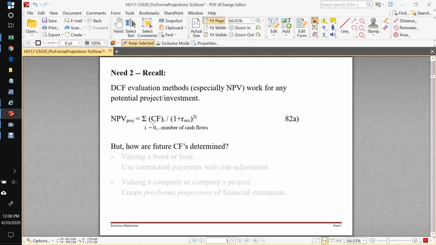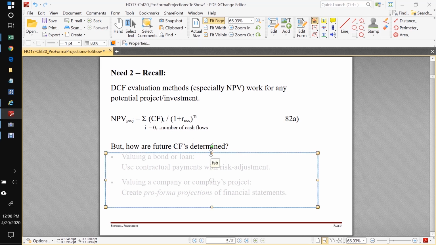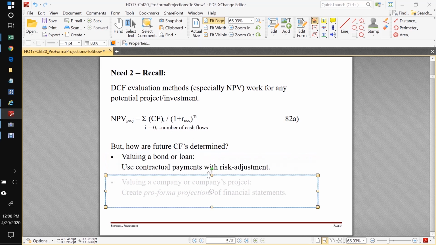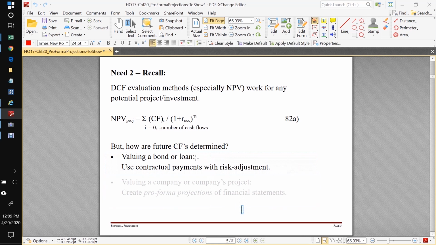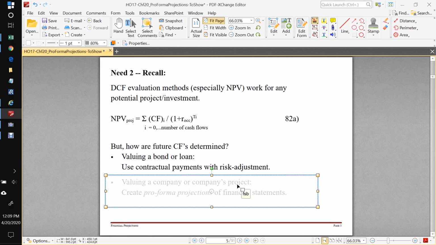So the problem, these are all cash flows in the future, except for maybe one that happens at t equals 0. So the issue has always been how to estimate those beautiful future cash flows. And we saw that with bonds or loans, it's relatively straightforward, right? We can use what the contract says the cash flows have to be, and provide some risk adjustment. And we looked at different models for providing risk adjustment, particularly the opportunity investment model.